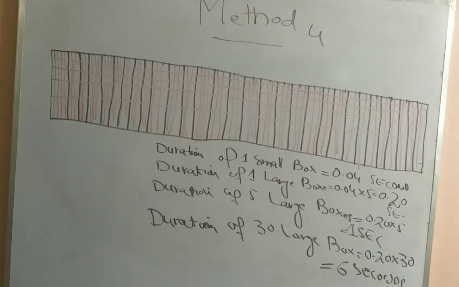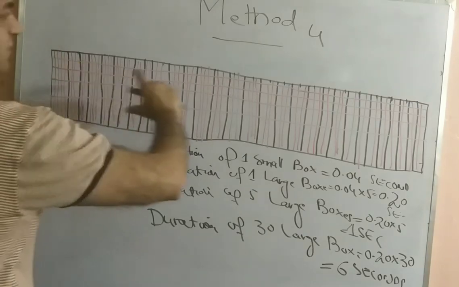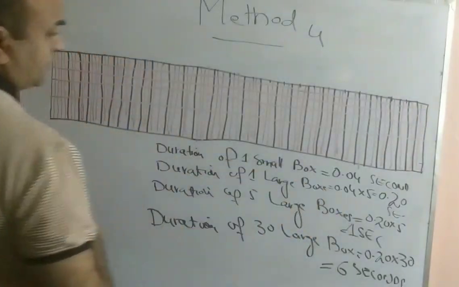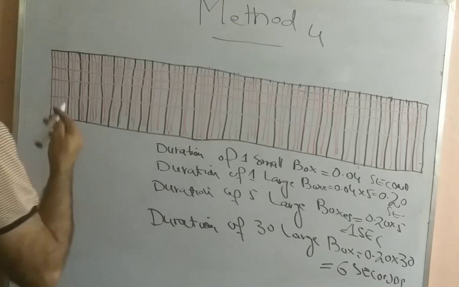Let me draw an ECG over here. This is a 6 second strip. This is a 30 large boxes strip. Let me draw an ECG tracing over here.